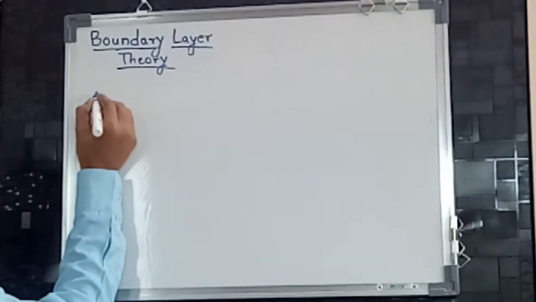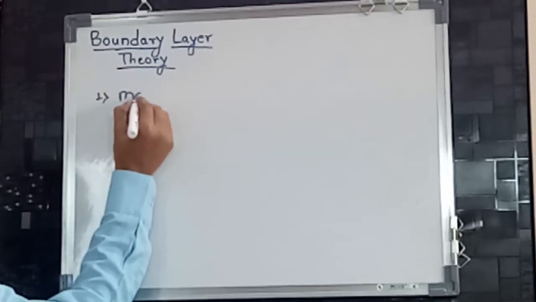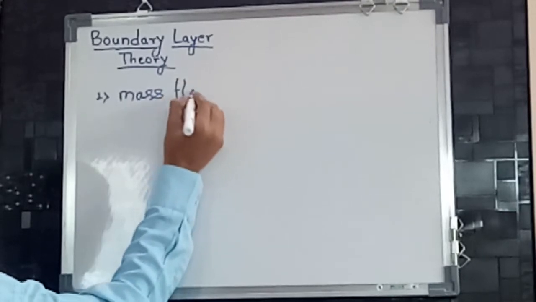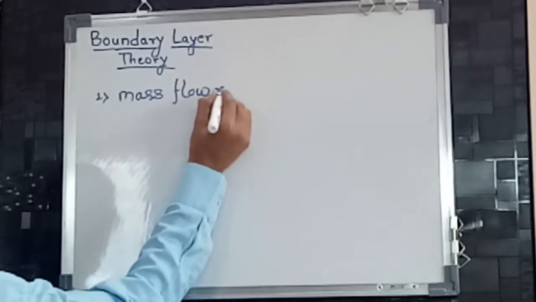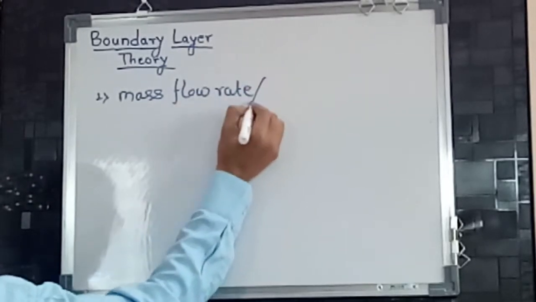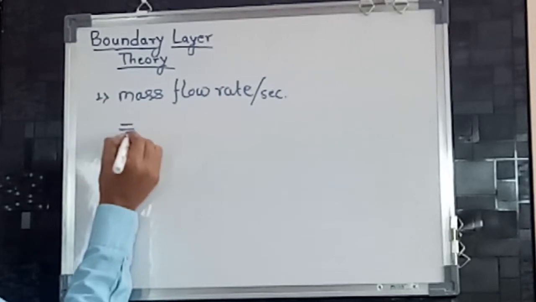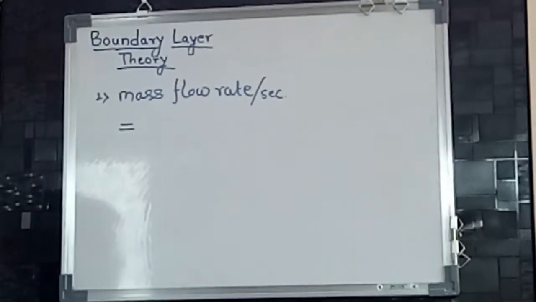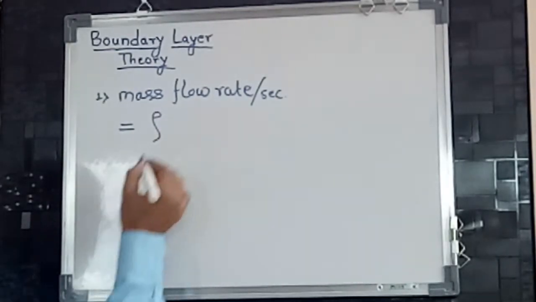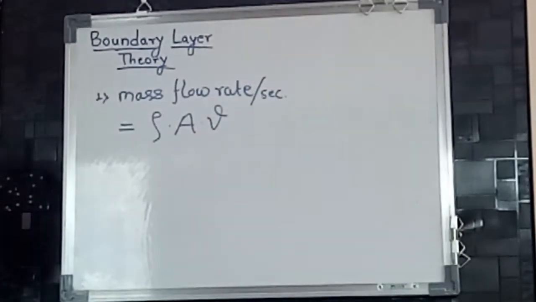Here, mass flow rate per second. How to calculate the mass flow rate per second? Now see, here the density of water, here the area, here the velocity.